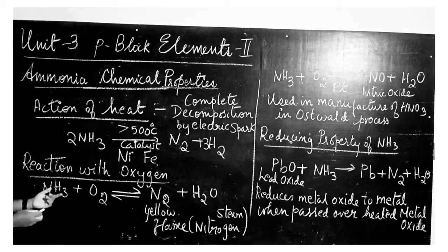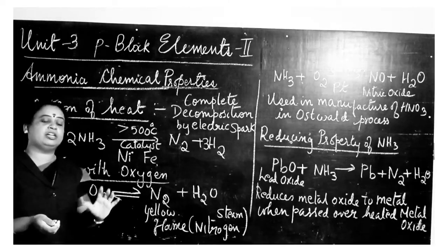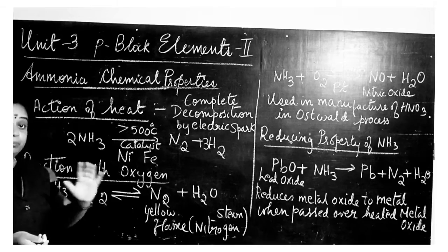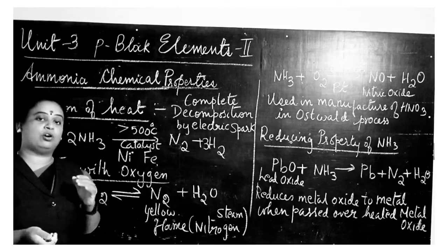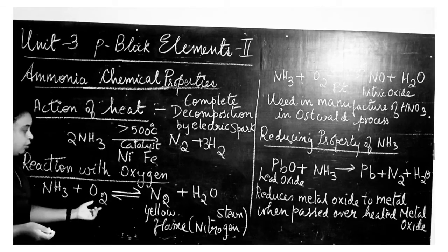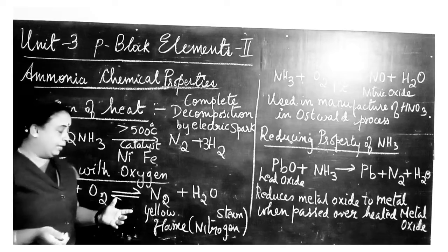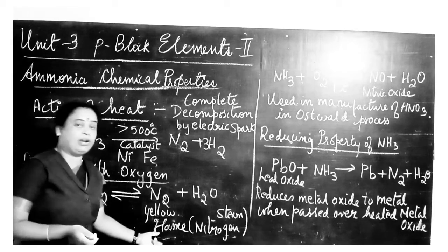Now let us look at how ammonia reacts with oxygen. Ammonia does not burn freely in air, but it burns freely in oxygen. When ammonia reacts with oxygen, it burns completely and forms a yellowish flame.